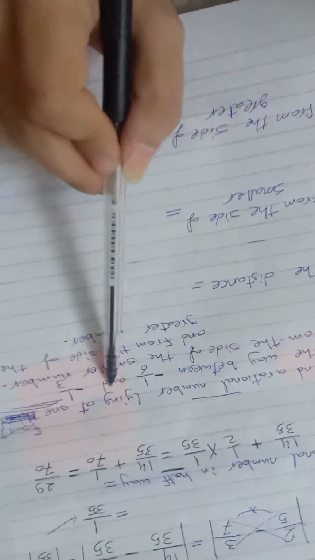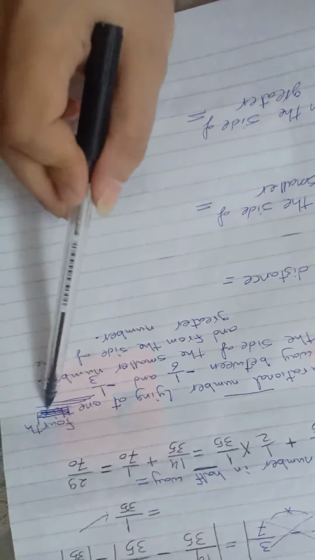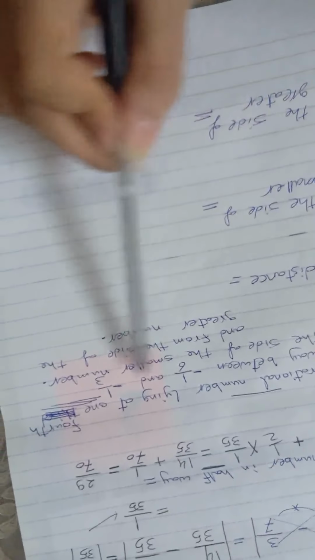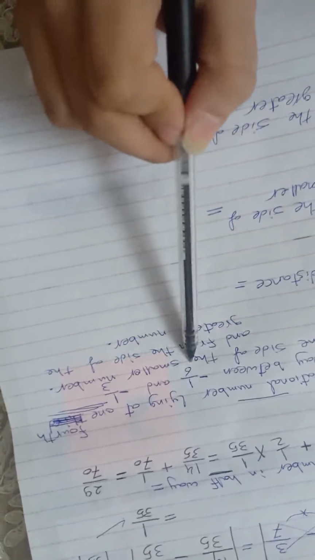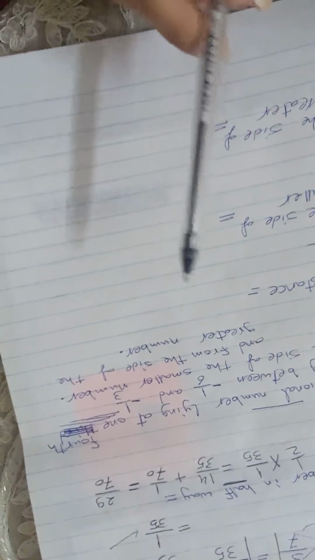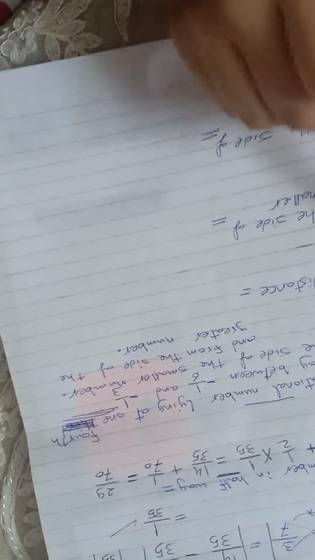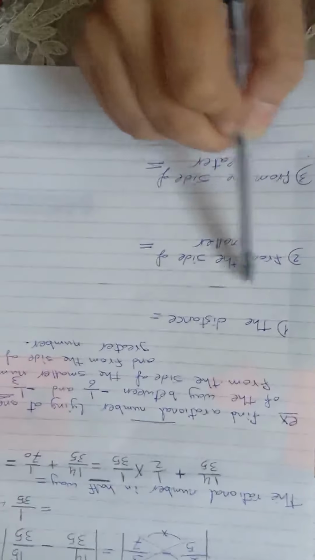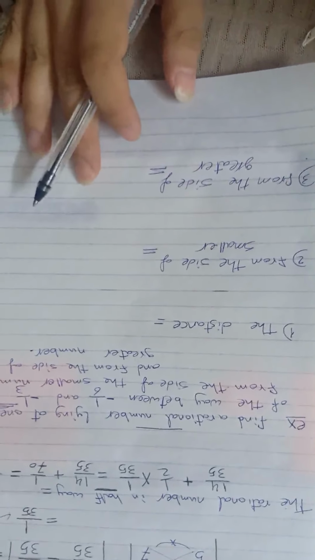Okay? Now, look at this question. Find a rational number lying at 1/4 of the way between the two numbers, -1 over 6 and -1 over 3, from the side of the smaller number, and I want another from the side of the greater number. In the first, we get the distance. The first step, get the distance between the two numbers.